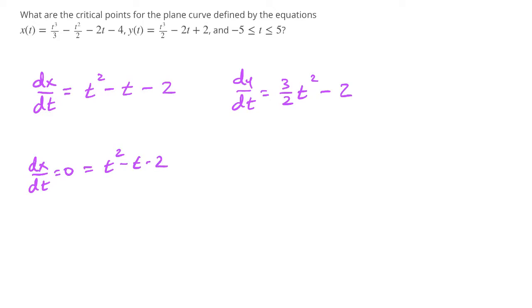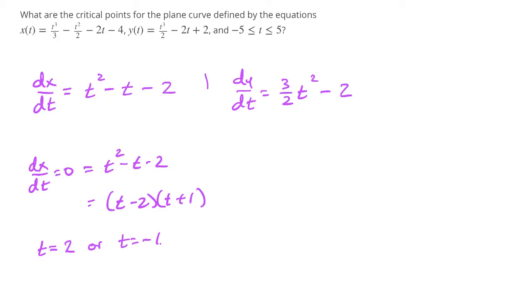For that, we can turn to the quadratic formula, or we can just factor this equation, which gives us t minus 2 times t plus 1. And so dy dx is going to be undefined when t is equal to 2 or t is equal to -1.